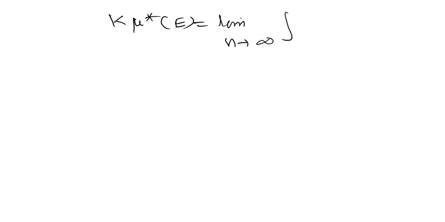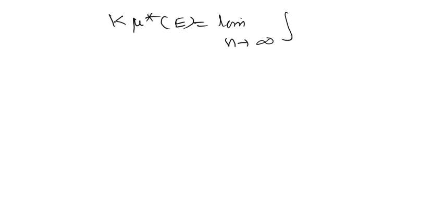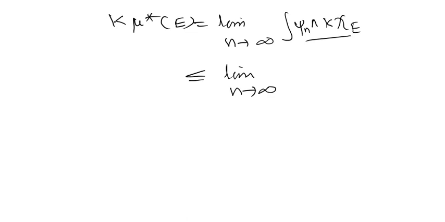The sequence here is psi n meet k chi E. But psi n meet k chi E is less than or equal to psi n, so it is less than or equal to the limit as n approaches infinity of the integral of psi n, and this is finite. This is equal to I, which is finite.